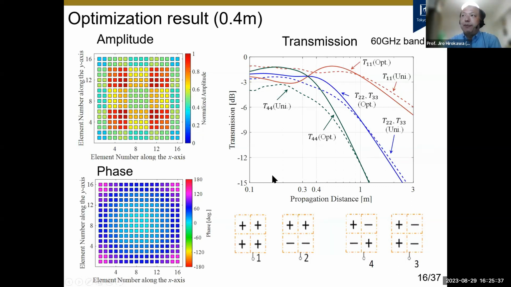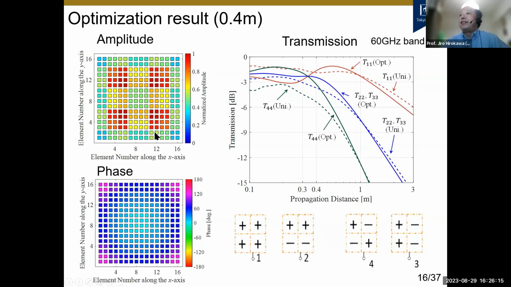The right top figure shows the propagation distance dependence of transmission. The dashed line shows the result for the uniform excitation case, while the solid line shows the result for the optimized excitation case for the distance of 0.4 meter. So we have larger transmission, especially for mode 4, at a distance of 0.4.